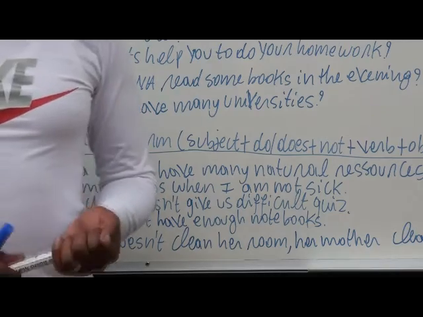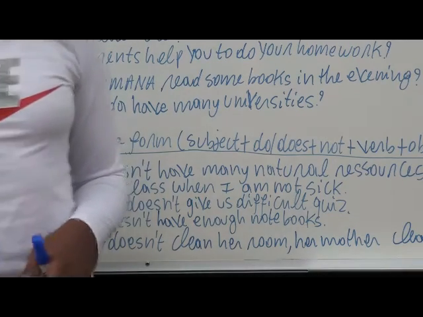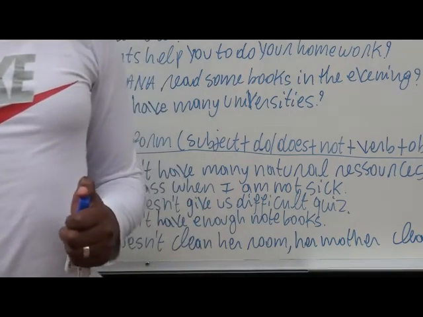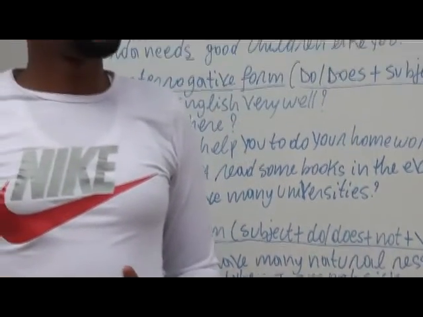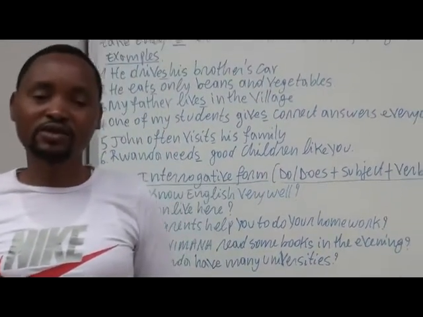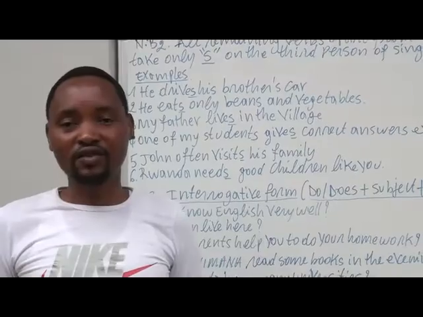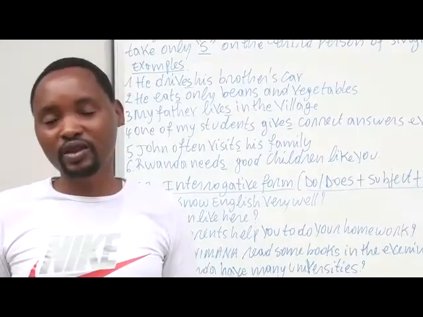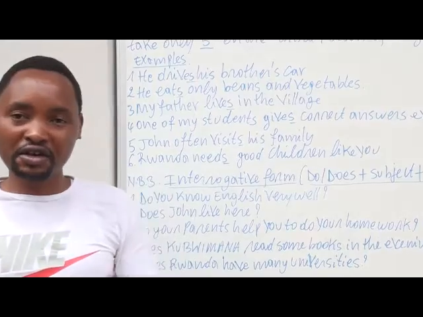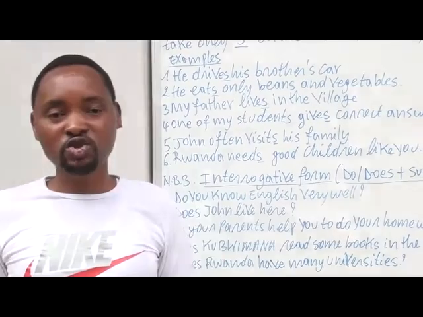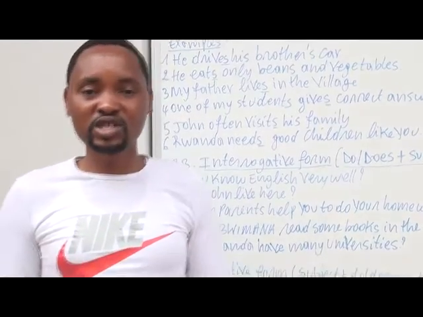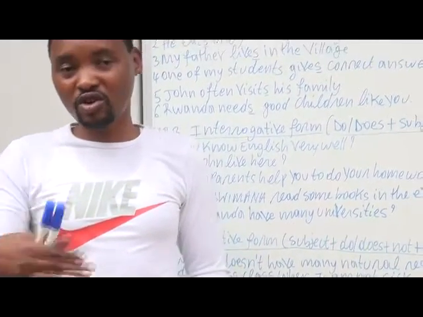So in negative form, let me give you some examples with modal auxiliary verbs. I cannot drive. In can, this is an auxiliary verb, a modal auxiliary verb. We shouldn't use do, we should use only not.